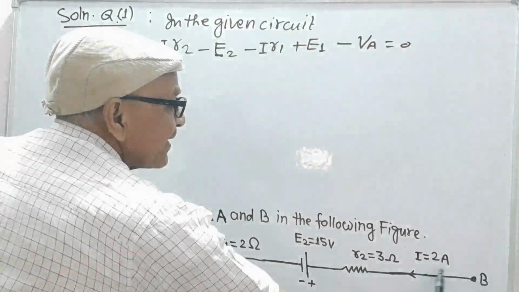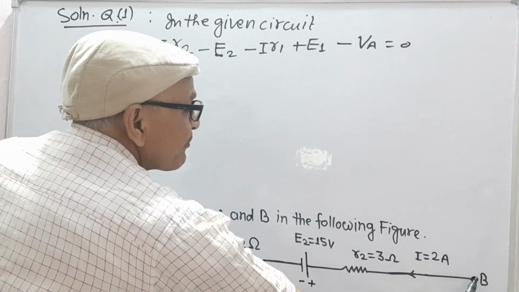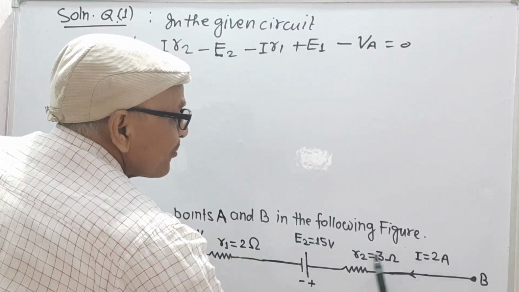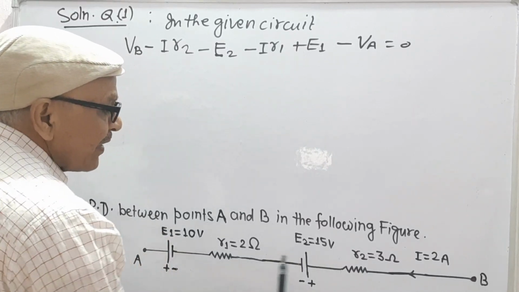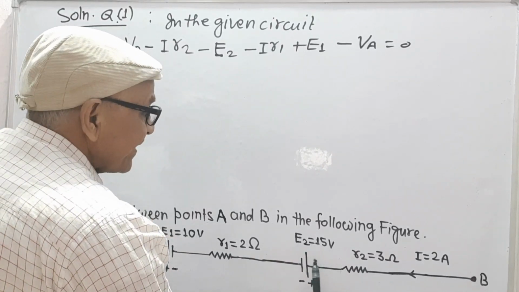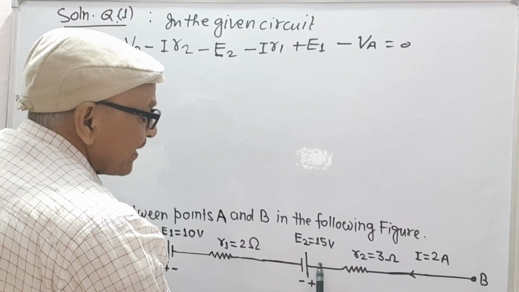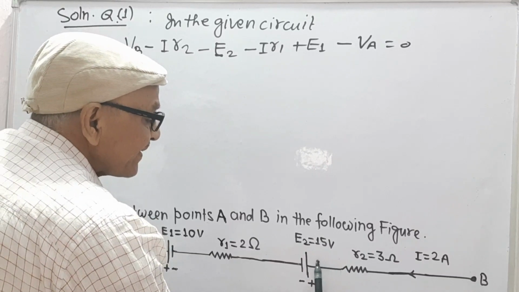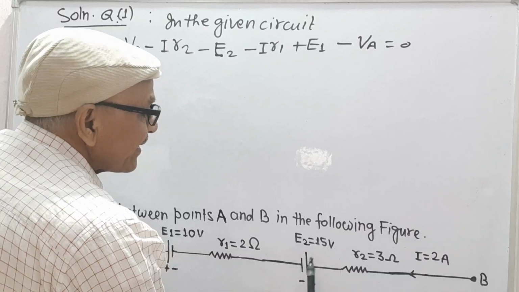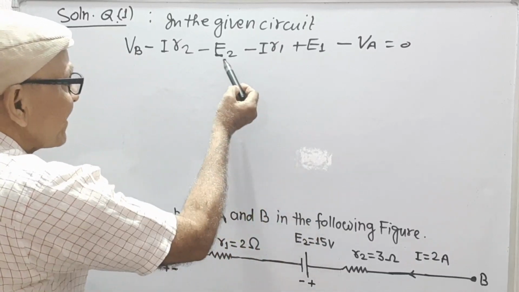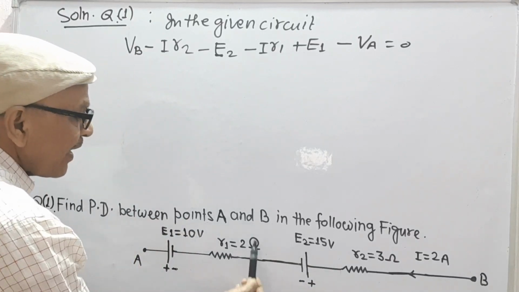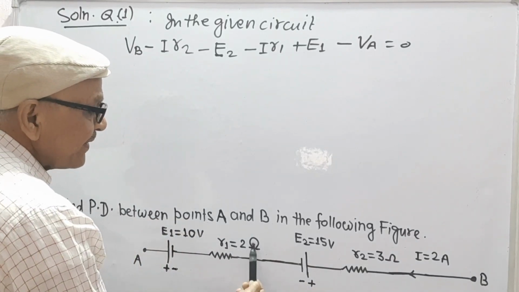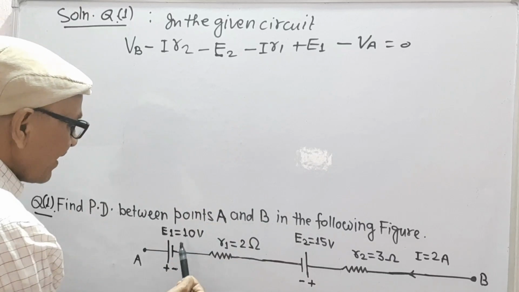Because the direction of current is from right to left, therefore VB minus I into R2 minus I into R1. Current is entering this cell from positive to negative, therefore E2 has been taken negative. Again I into R1 is in the direction of current, taken negative.